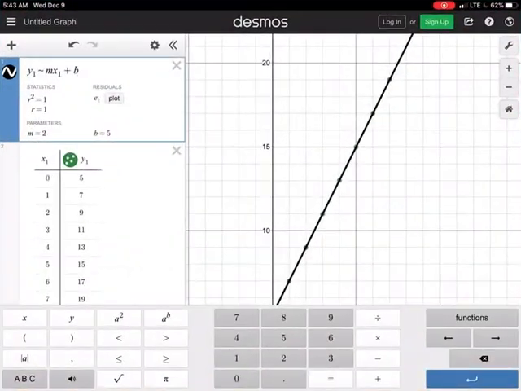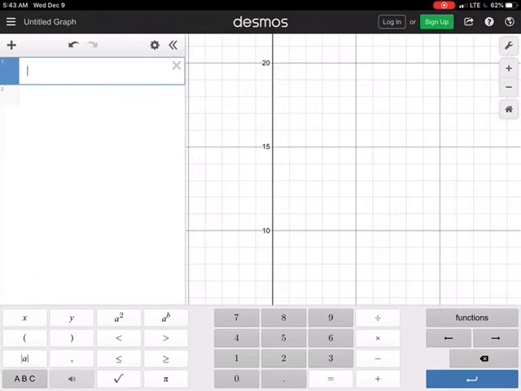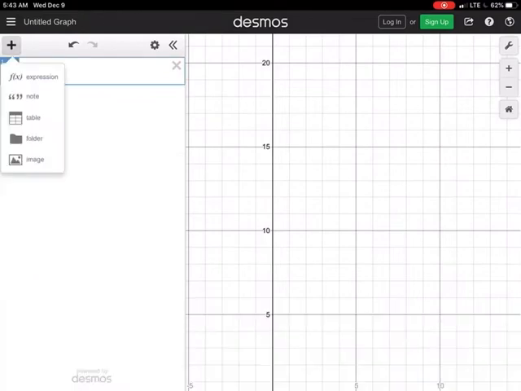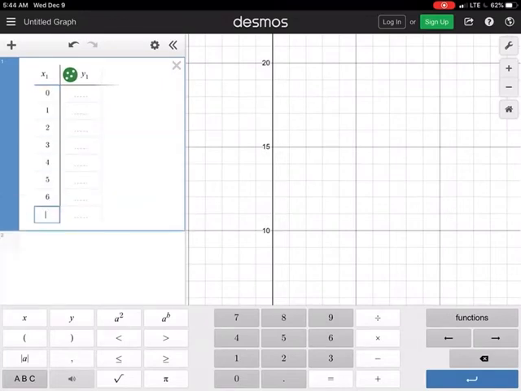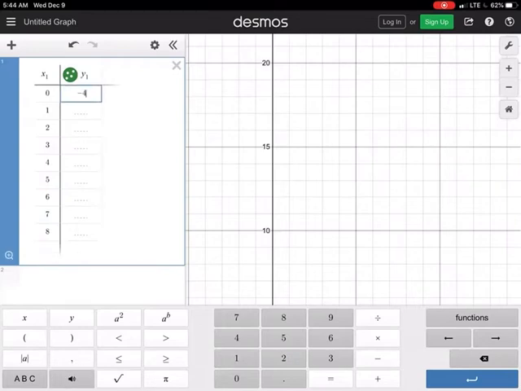Now, not all of them are going to be linear. So let's get rid of those. Let's input some different data. So I can go back up to that plus sign, hit table again. I'm still going to have my x values be 0, 1, 2, 3. My y values this time, I'm going to have -4, 0, 6, 14. Let's go ahead and get rid of this 8.